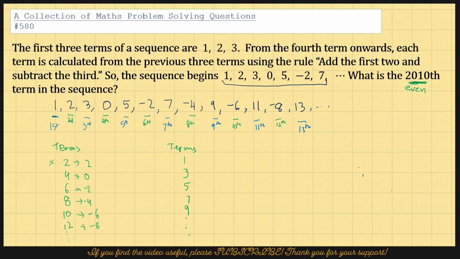So if we continue, we'd get to the 2010th term. And obviously, if you subtract 4 from that, you'd have 2006 with a minus sign. And that is the answer. The 2010th term of the sequence would be minus 2006.